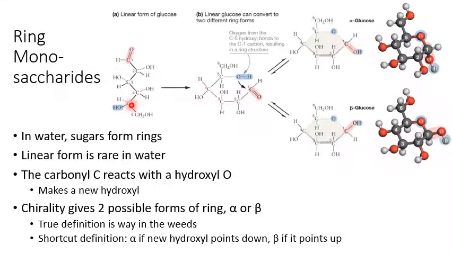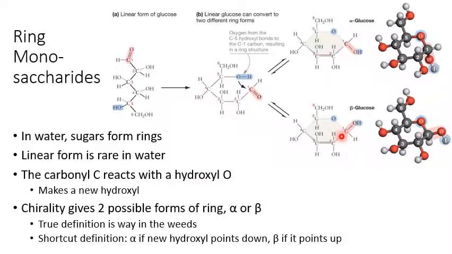So when you put the glucose in the water, that line is going to wrap around itself so that this hydroxyl group on the 5th carbon is coming close to the carbonyl group. And you're going to have a reaction between this oxygen on the hydroxyl group and the carbonyl group carbon. So you're going to form a bond between this oxygen and this carbon. So in the products, you can see that bond having been formed.